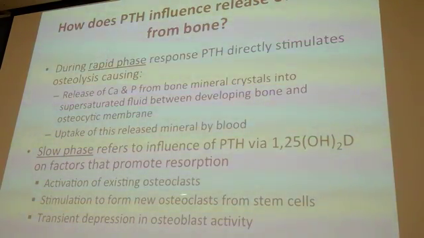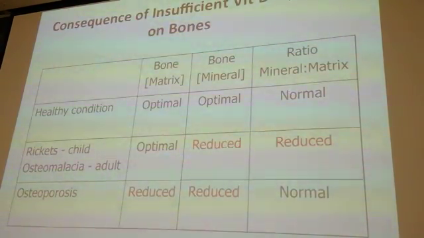So it can activate osteoclasts indirectly, resulting in bone resorption. It can stimulate the formation of new osteoclasts from the stem cell niche. And then there's a transient depression in osteoblast activity. And this is all revolving around the importance of parathyroid hormone in maintaining those serum calcium levels.